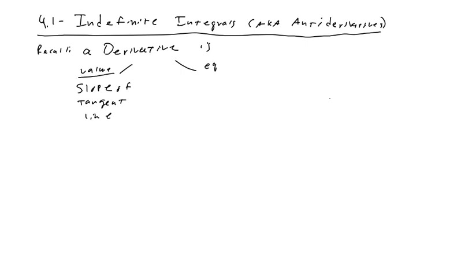If a derivative is an equation, it is an equation that describes how the slope changes. If a derivative is a number, like 7 or -2, it's describing the slope of a tangent line at a particular value.